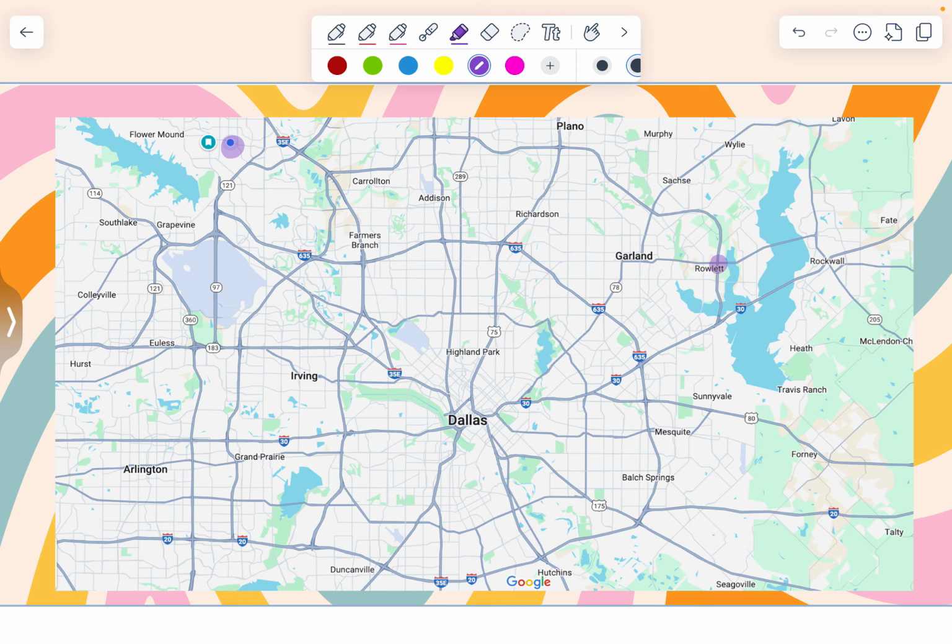We said we got to meet in a place that's halfway between Louisville and Rowlett. If we draw a line between Louisville and Rowlett, what city would you say is about halfway? I would say that this point right here is the halfway point, somewhere between Addison and Richardson.